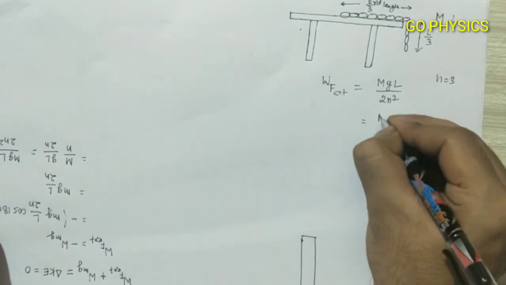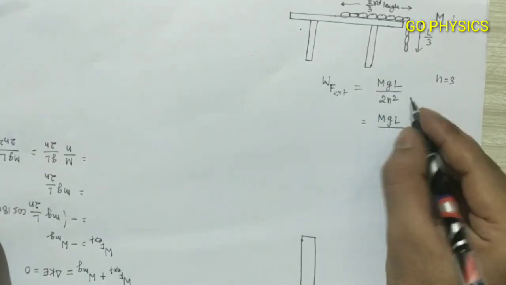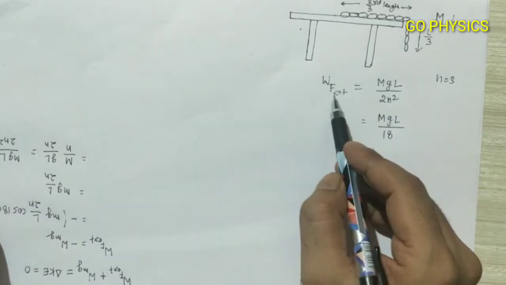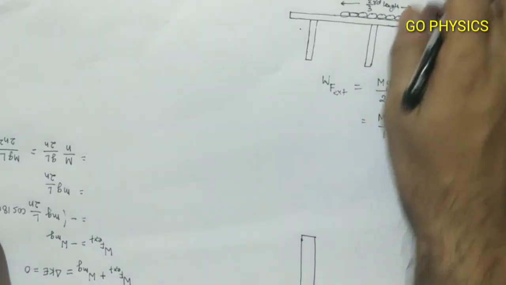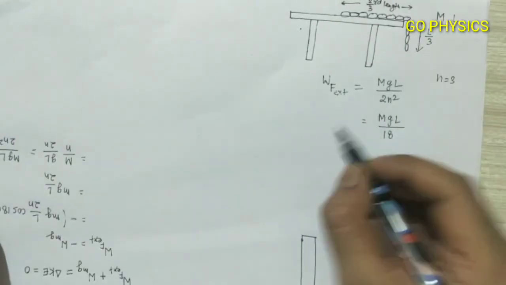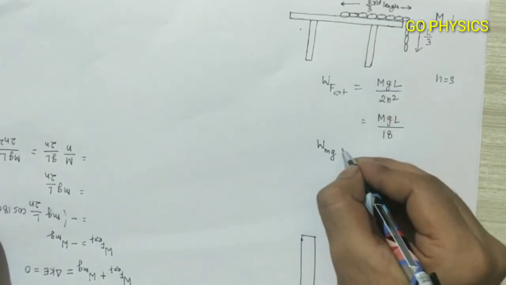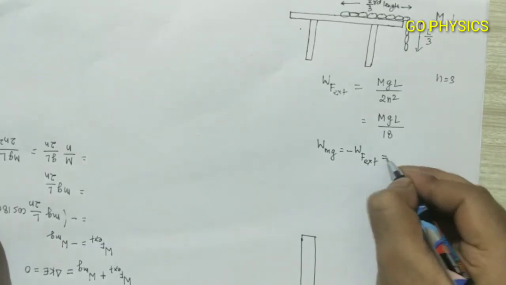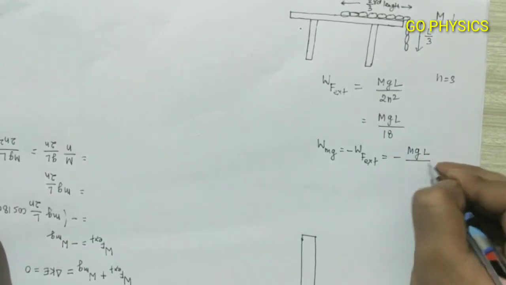So this will become MgL by 3 into 3, 9, into 2, 18. So this much work should be done by the external force to bring the hanging part over the table. Suppose in the same question they ask to find the work done by gravity force. So the work done by gravity force will be the negative of the work done by the external force, as we discussed earlier. So this will become minus of this quantity, MgL by 18.